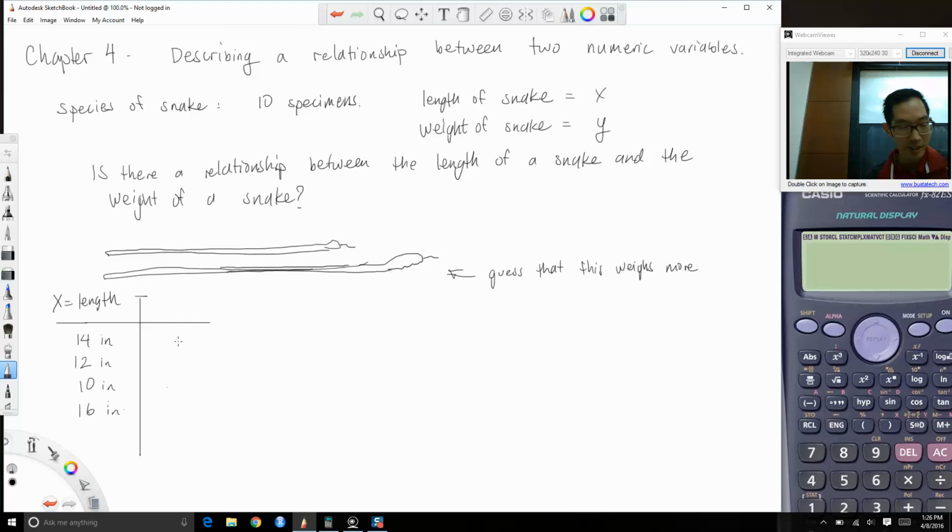And then the weight, I don't even know how much this thing would weigh, so I'm just going to make up some numbers here: 10 ounces and 9 ounces and 8 and maybe 12. And so we would graph these in a scatter plot.